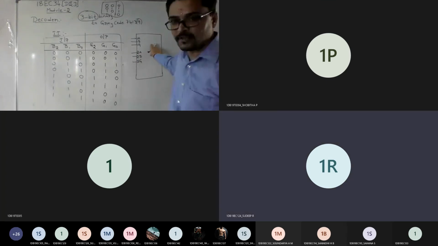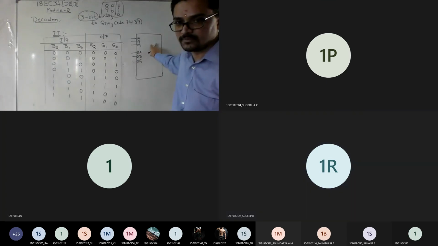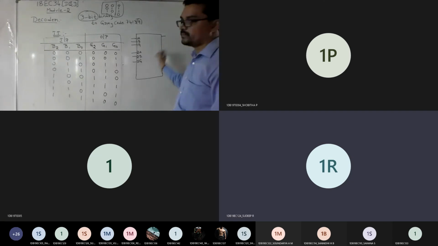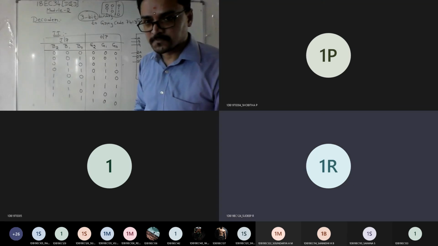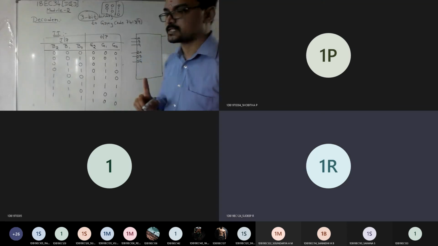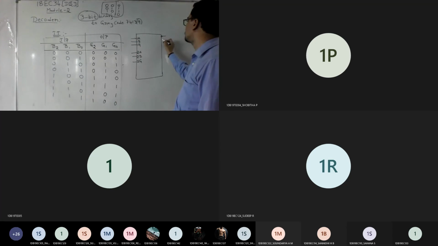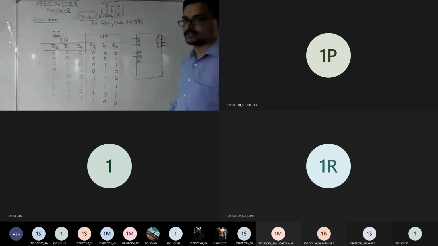And how many outputs do you have for one 2:4 decoder? 4. So you'll have Y0. Is a bubble required now? Yes, sir, because it is active low logic. So bubble is required: Y0, Y1, Y2, Y3.